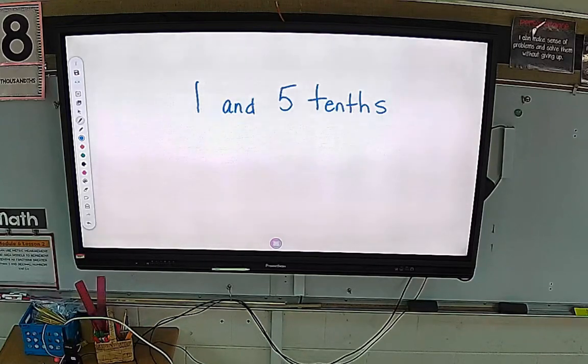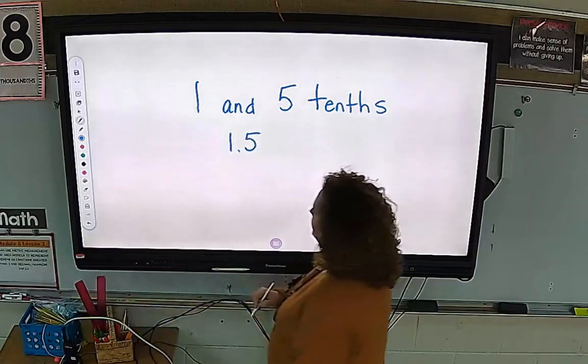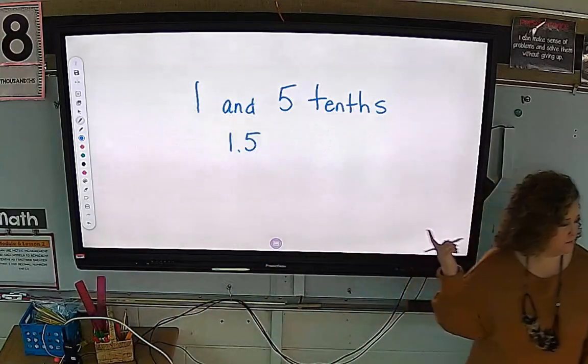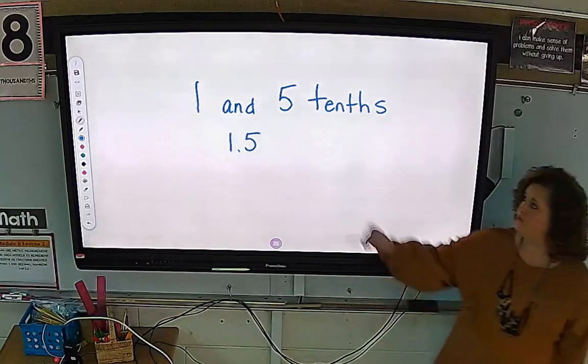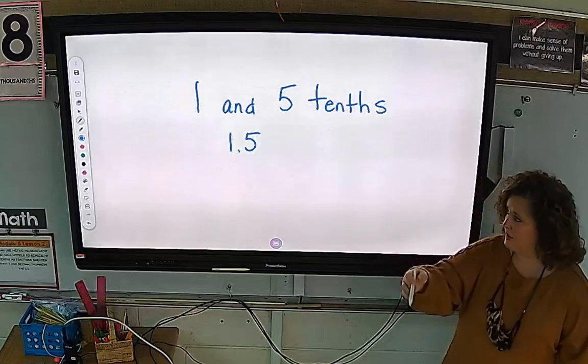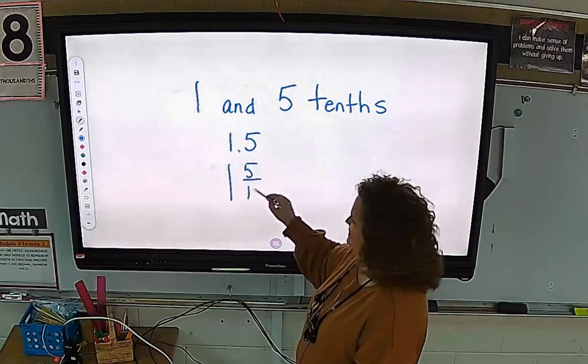What would that be, Will? That would be 1.5. Okay. Just trying to show you this stuff in a lot of different ways. Okay. What would it be as a fraction? I mean, this unit form becomes real easy to change to fractions. 1 and 5/10. What would it look like? It would look like exactly what it sounds like.